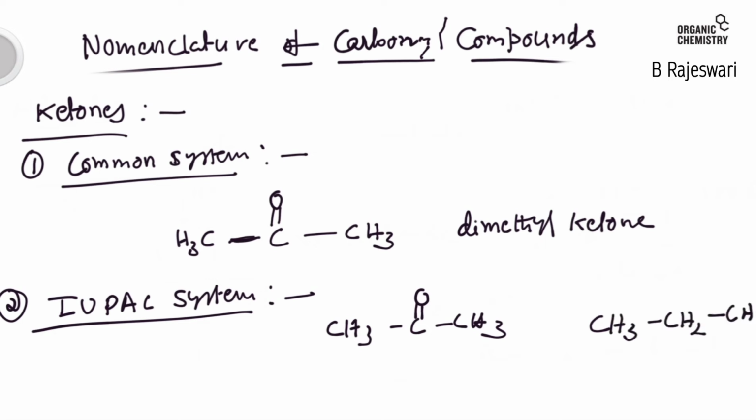So, this is the corresponding alkane to this ketone. What is the name of this alkane? Three carbon atoms are present, therefore it is known as propane. Now, if you remove this E and add al, then we get propanal. So, propanal is the IUPAC name of this compound.